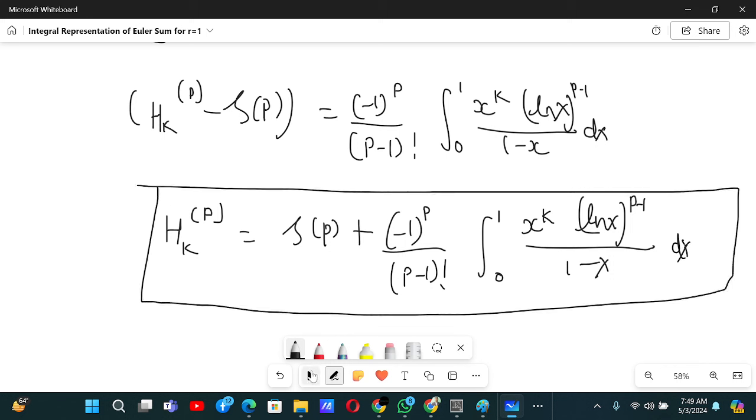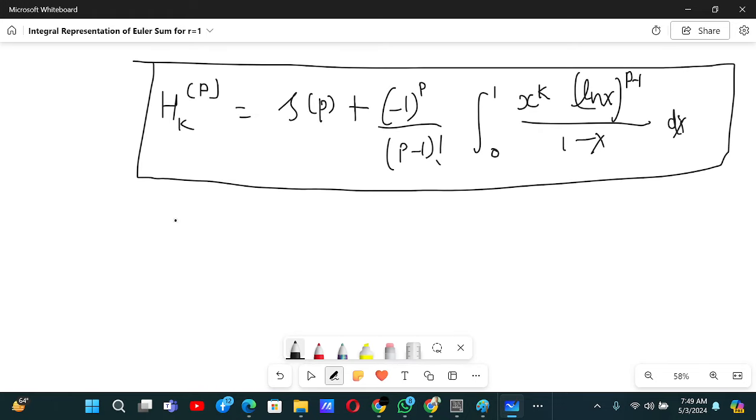but this is not the answer that we are seeking. You also have to divide this by k to the power q and then again sum it.